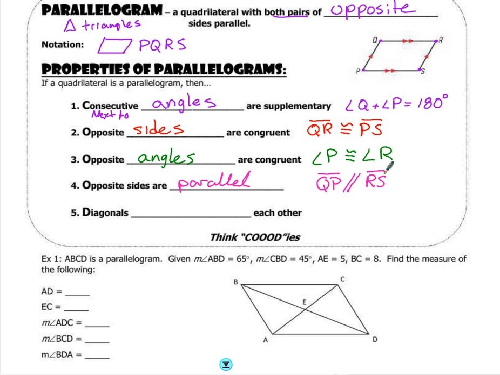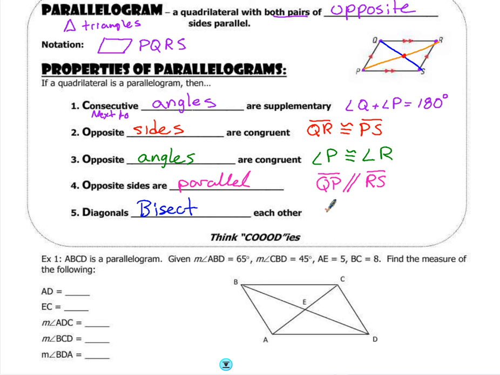And diagonals bisect each other, meaning that when I draw the line segment QS and I draw the line segment PR, those two segments intersect at a point in the middle where it would then cut the segments into two congruent parts.